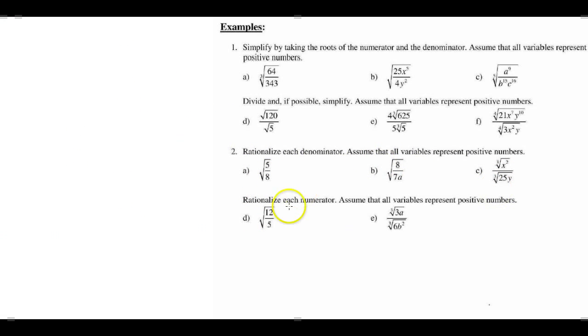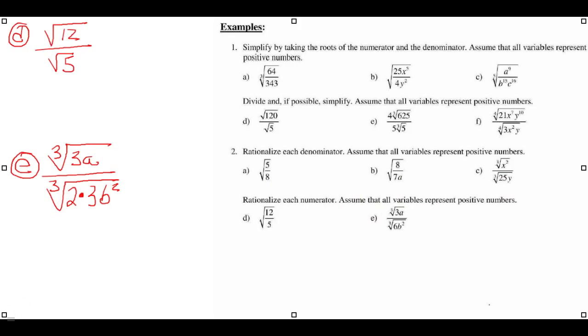Let's go on to our last example. Here they want us to rationalize the numerator. So let's copy these down. Now I could recall when I did these on MathLab. One time I was on a roll and I just rationalized the denominator.